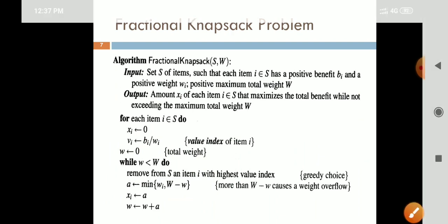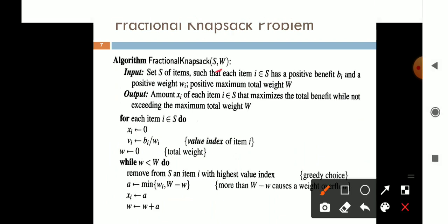So here we have the fractional knapsack, that is S and W. S means the set where we have n number of inputs and W is the capacity of your bag.